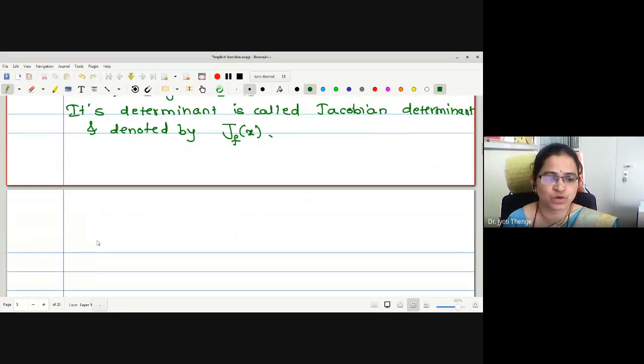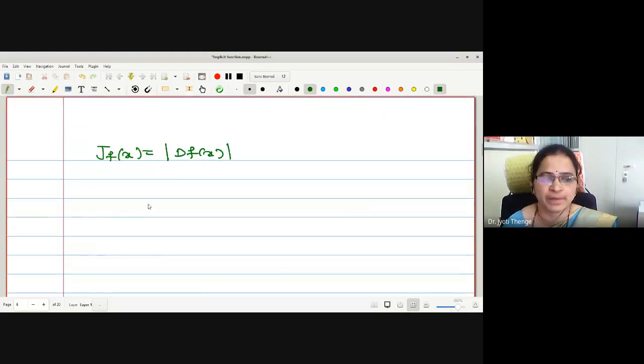Thus, what is the Jacobian determinant? J of x is the determinant of Df(x). What is Df(x)? This is Dj fi(x), all the partial derivatives of the functions fi.